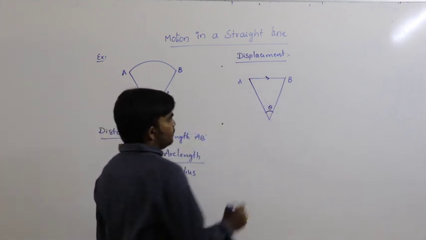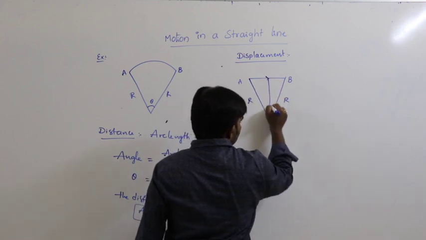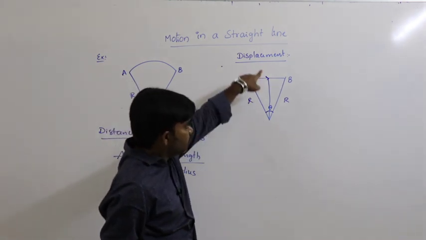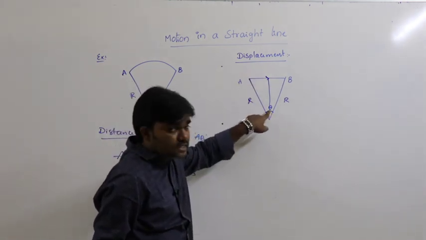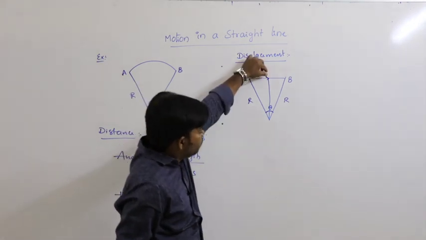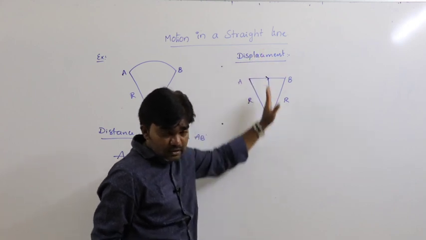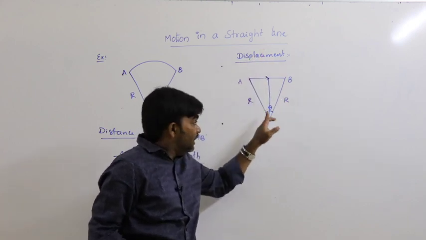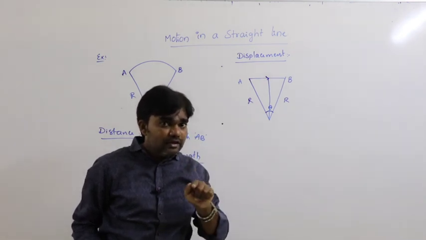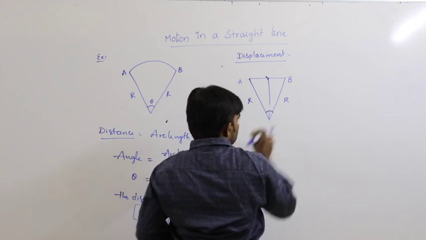For example, this is r. If you draw the perpendicular here, this perpendicular cuts the angle into two equal angles. If you draw the perpendicular at this position exactly like this, it divides this angle into two equal parts.